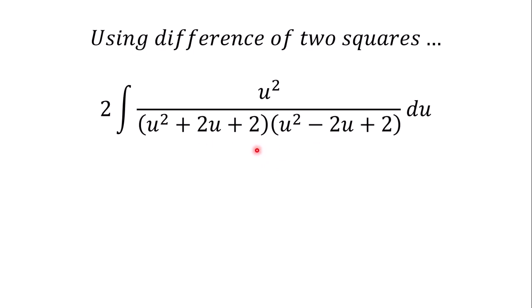We subtract this one from this. We are going to get 4u, and we multiply that 4u by u over 4. We are going to get u squared, and at the end of the day we get this one back.